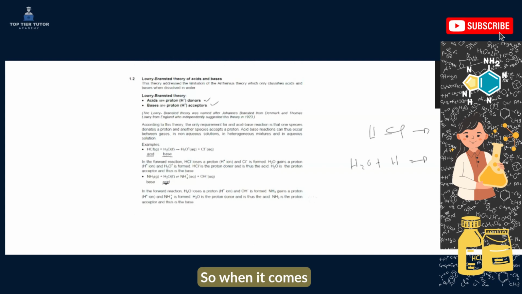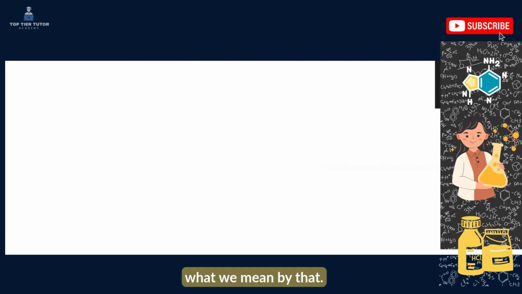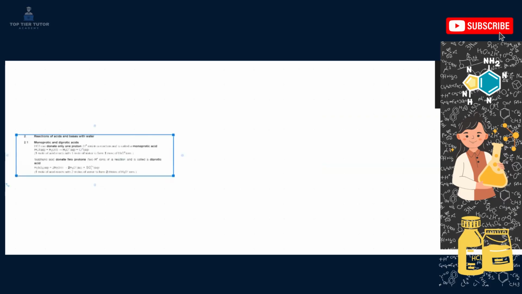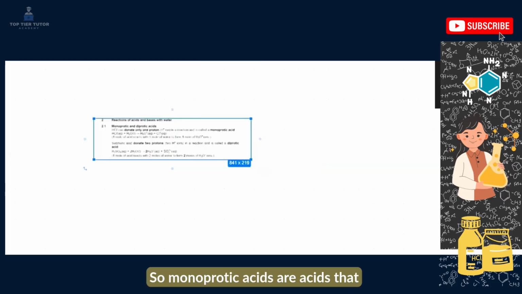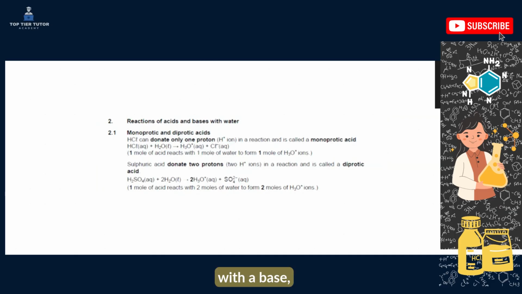So when it comes to acids, we have monoprotic and diprotic acids. Let's take a look at these definitions. Monoprotic acids are acids that are only able to donate one proton whenever they are in water or reacting with a base.